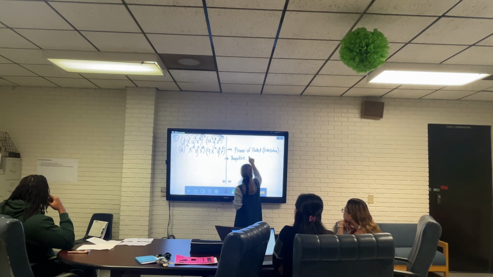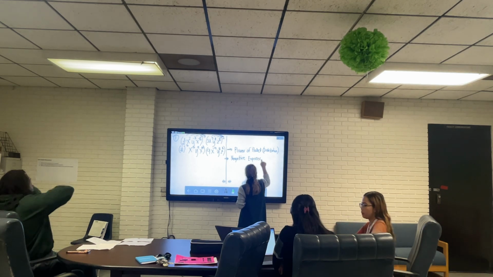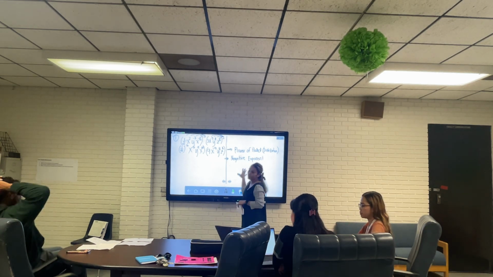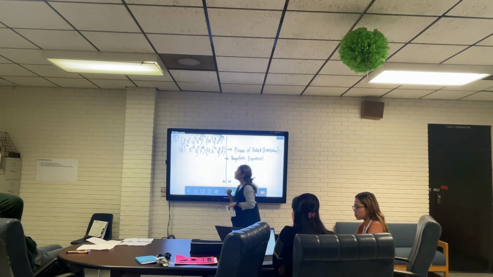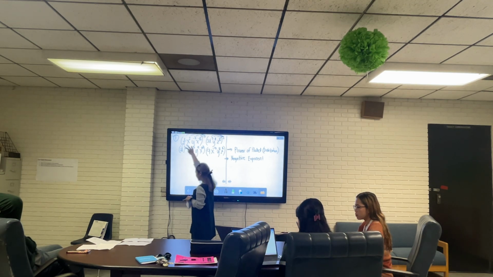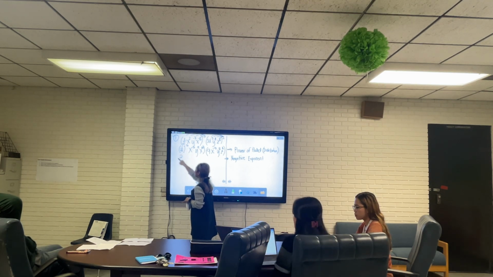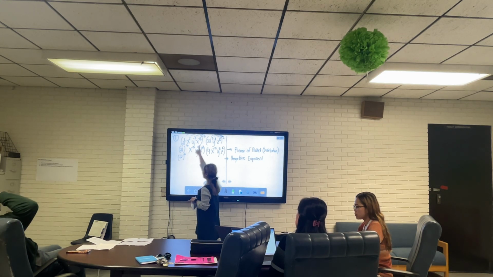So I gave them anchor charts for them to see the difference of all the properties. They have that on the board, and they also have it in their notebook. So I have 1/2, get the inverse or flip it, so it will become 2/1, or simply 2 to the power of 3. And then x to the power of negative 6 will become 1 over x to the power of 6.